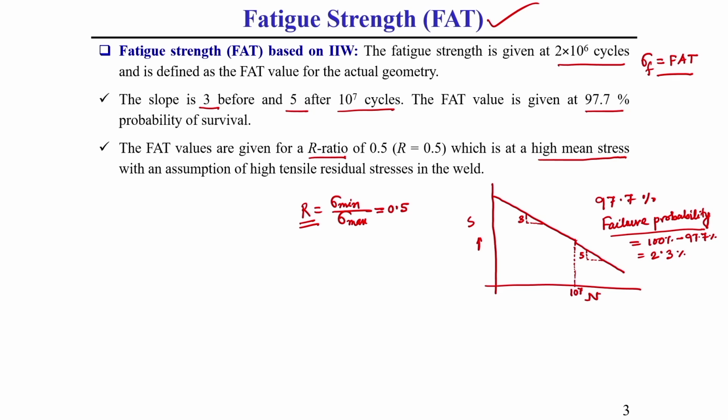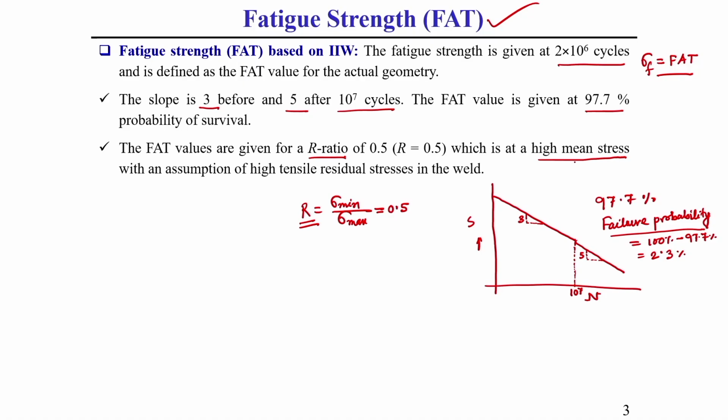Why high mean stress? Because in welded structures, we know that at the weld zone for steel structures like mild steel, tensile residual stress is created. The magnitude of this residual stress is quite high, within the range of the yield strength of that material.